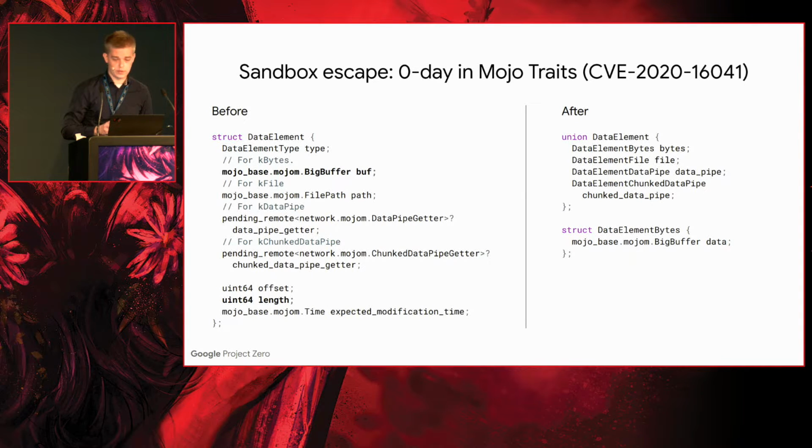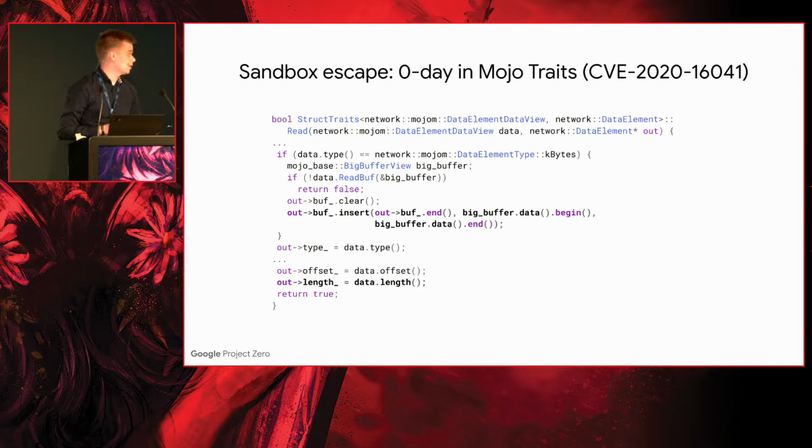On the right, you can see it redefined properly after the fix. The problem here is that several DataElement subtypes need to track the length of the element, but one of the subtypes, namely kBytes, already stores the length internally, and the deserialization code doesn't check that the two values match. This is the deserialization function.